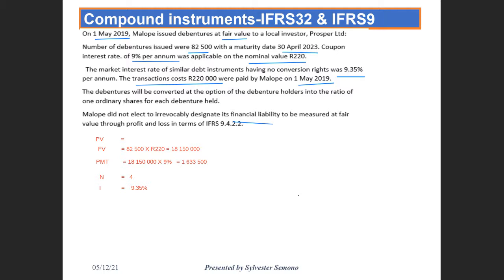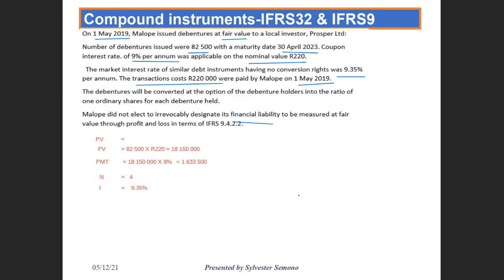Okay, so according to my calculation, my present value is, please correct me if I'm wrong, 17,945,768. That is what I found.